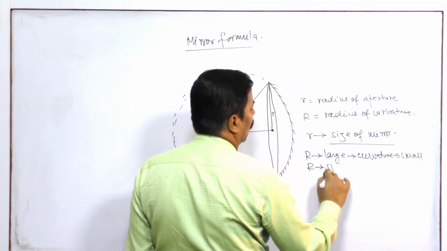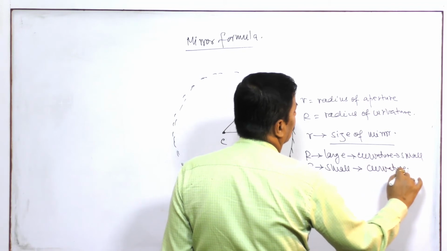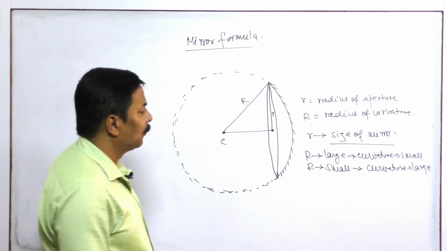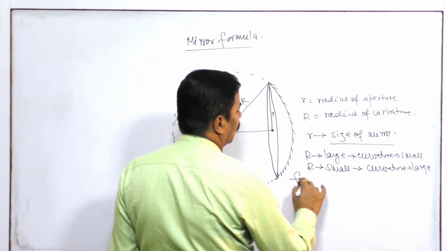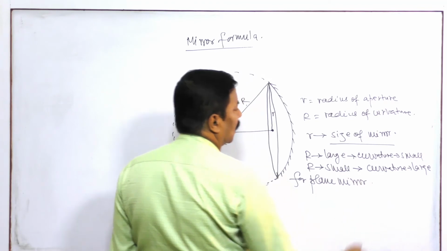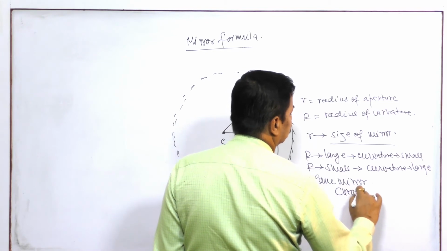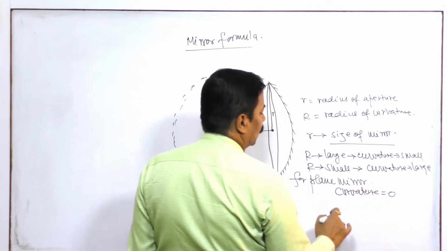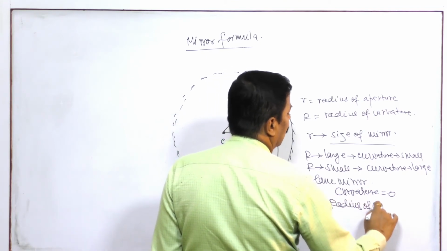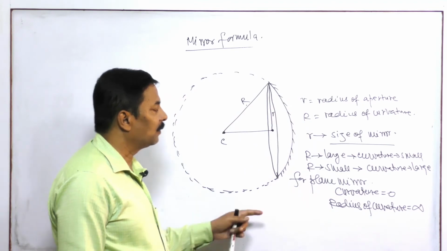R small means curvature large. One more thing you should keep in mind, that for a plane mirror, curvature is 0, so the radius of curvature is infinity.